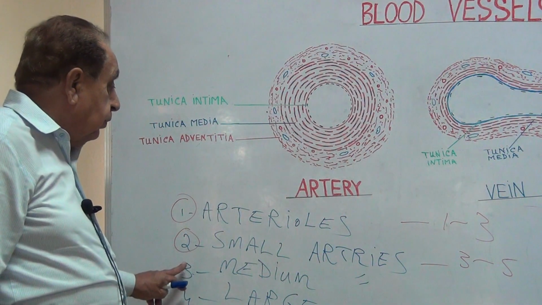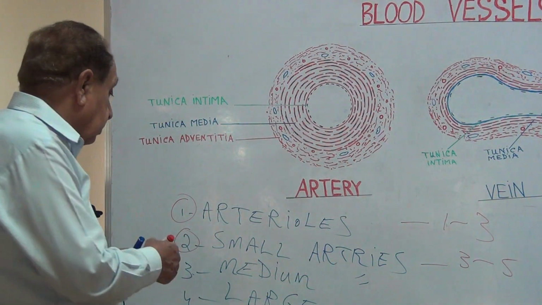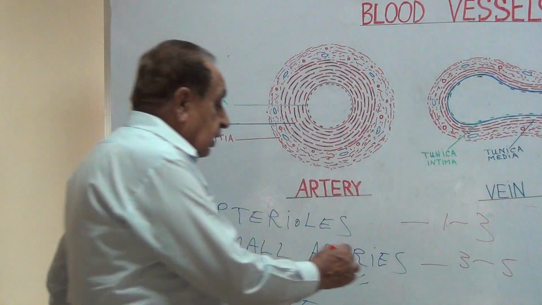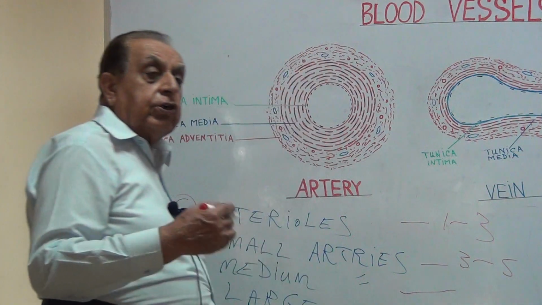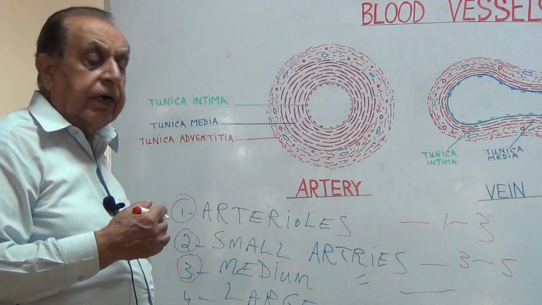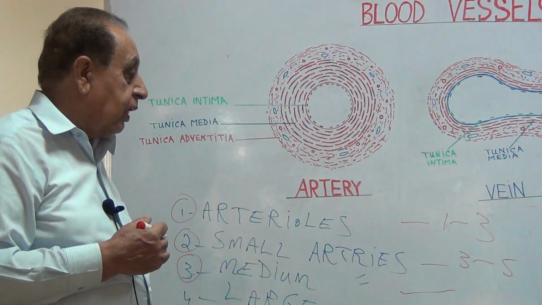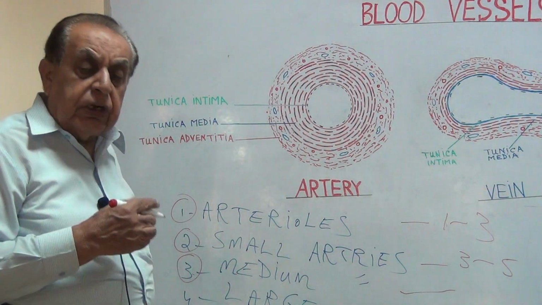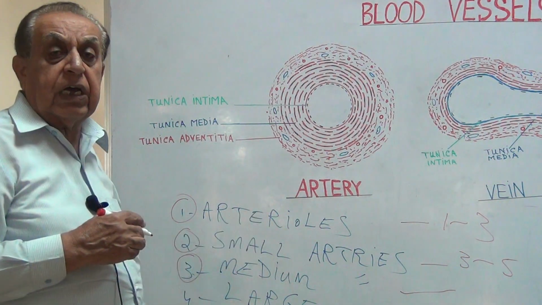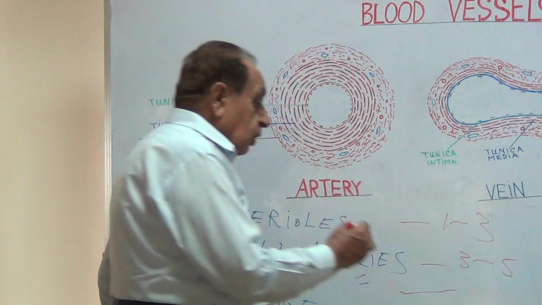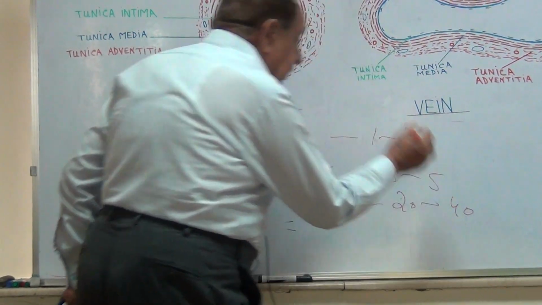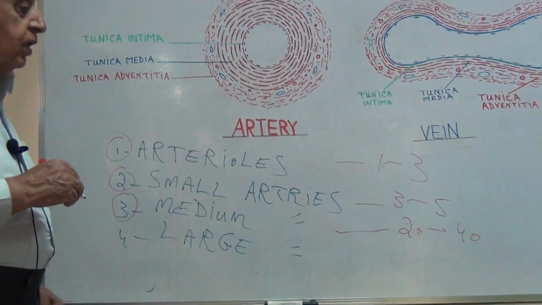Then the medium size arteries. These arteries also have tunica intima lined by simple squamous epithelium called the endothelium. Outer to that is the muscular layer. This muscular layer of the medium size artery contains 20 to 40 layers of smooth muscle fibers.